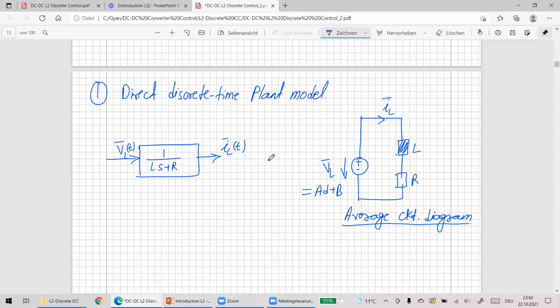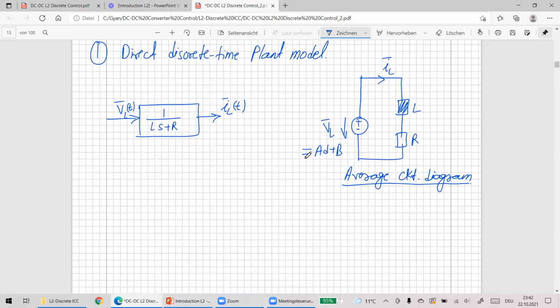And now we want to get our plant model in discrete time domain. So this is our plant in continuous time domain, which we can write like G of S, and with the zero order hold, this is zero order hold, and then this is your G of S. We have this IL average G of S with the sampling.